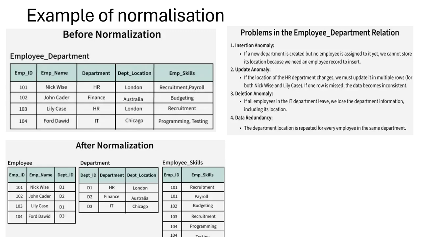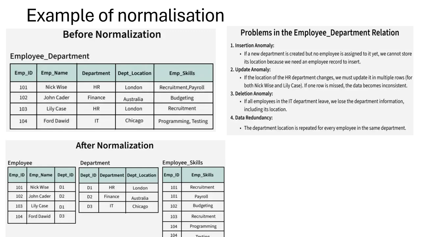One is insertion anomaly. If a new department is created but no employee is assigned to it yet, we cannot store its location because we need an employee record to insert. So it means we have duplications in our data at the end. Then update anomaly. If the location of the HR department changes, we must update it in multiple rows, for both Nick-wise and Lily's case.